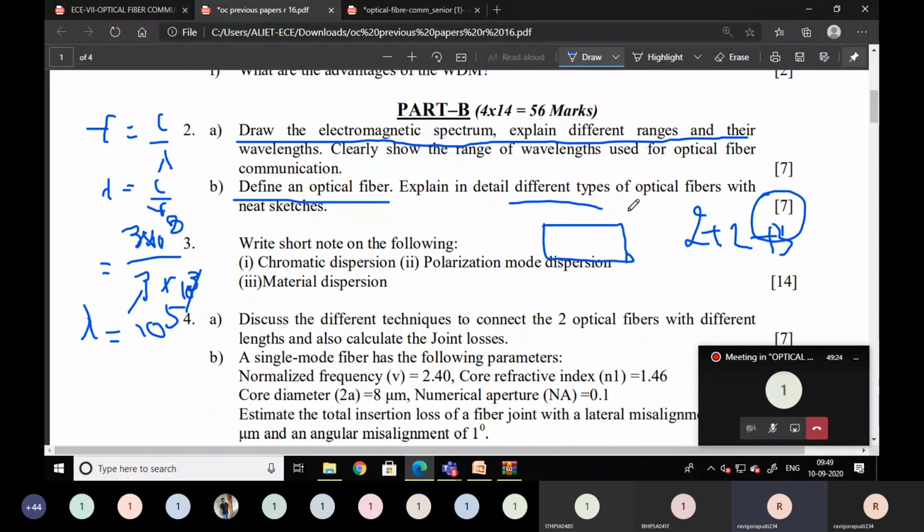Tell me the types of fibers. Quickly, you can tell. Types of fibers. Are all of you hearing my voice?